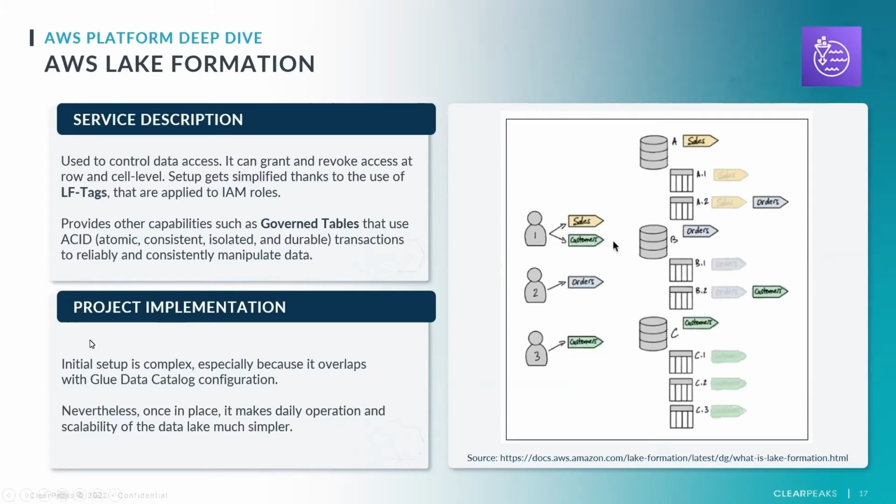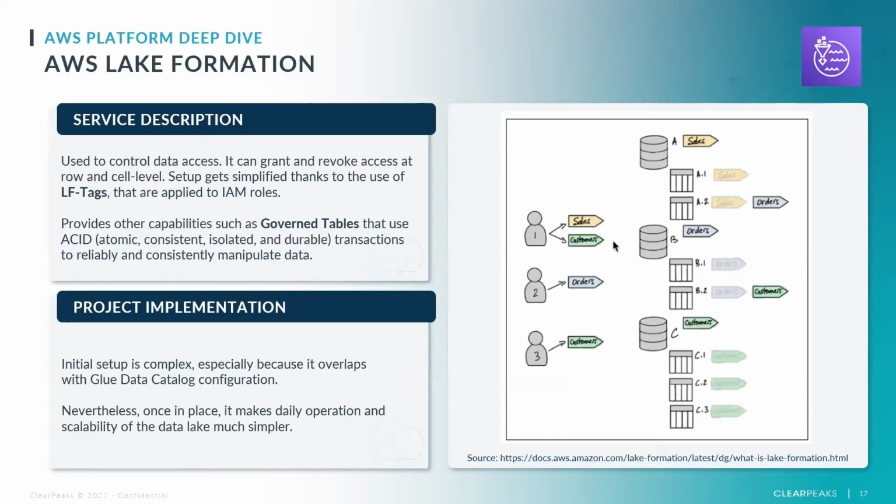Regarding the project implementation, some feedback is that the initial setup of LakeFormation is quite complex, especially because it overlaps a bit with the Glue data catalog configuration. There are a few things that need to be configured, like the LakeFormation administrator. You have to define who is going to have access to assign these tags.